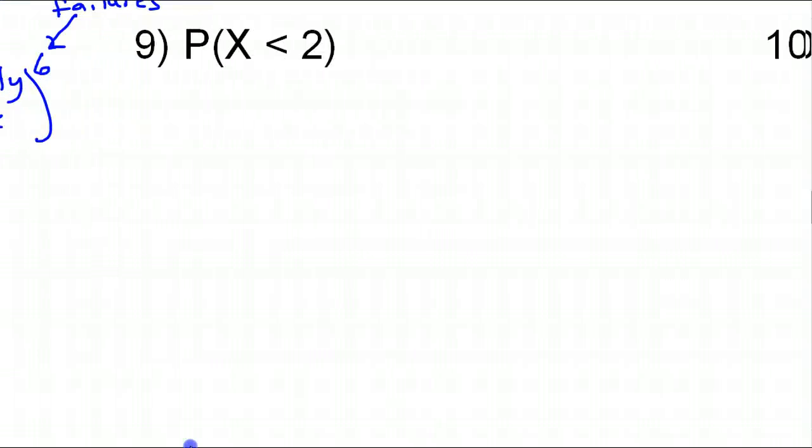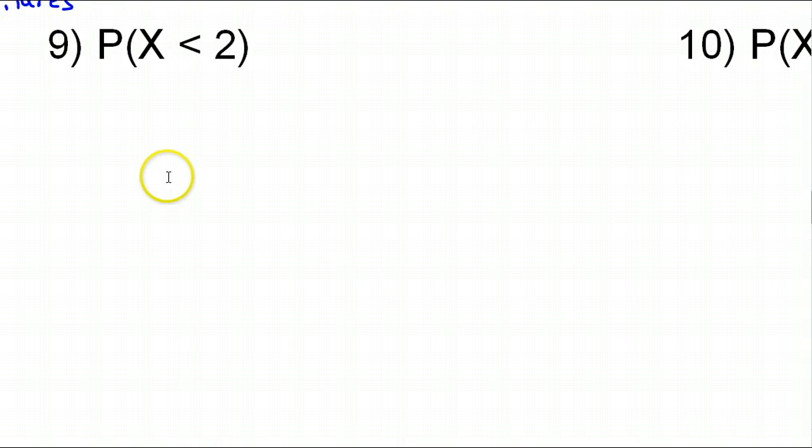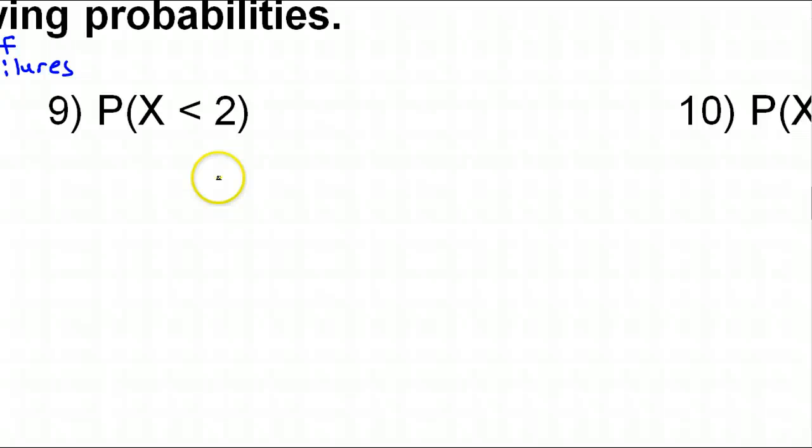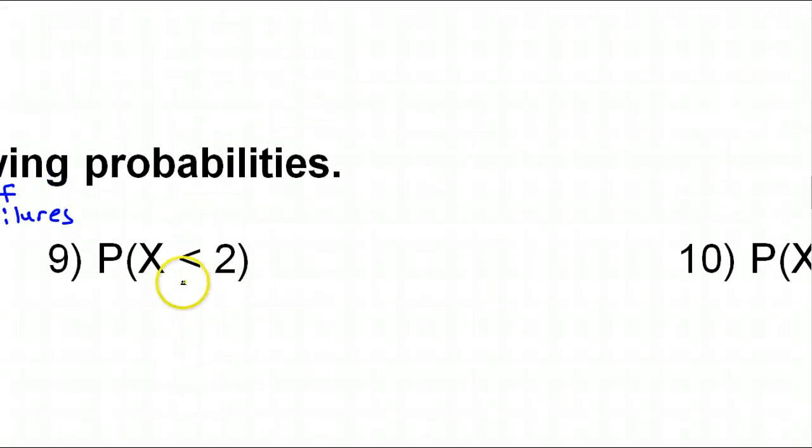All right, let's move on and talk about number 9. We got this inequality. When you're dealing with an inequality, you're probably going to wind up adding more than one probability. Now, remember, we know that the total number of outcomes is 9.